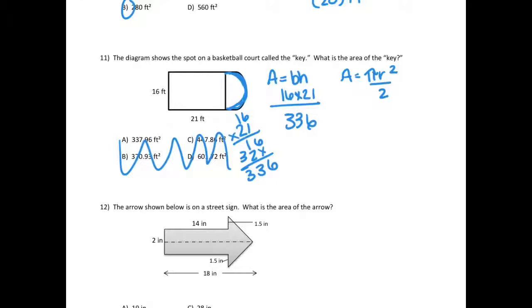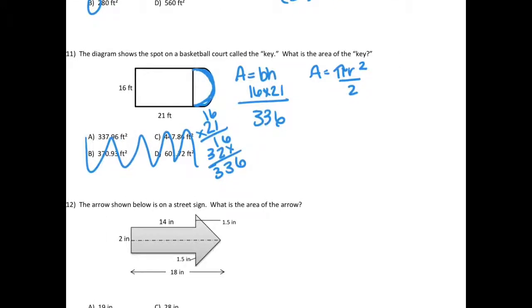Okay, so if I do the semicircle over here, I'm going to do 3.14 times the radius. The whole diameter is 16, so the radius would be 8 squared divided by 2. So 3.14 times 64 divided by 2. And I think we did this one earlier, but we got 3.14 times 32.